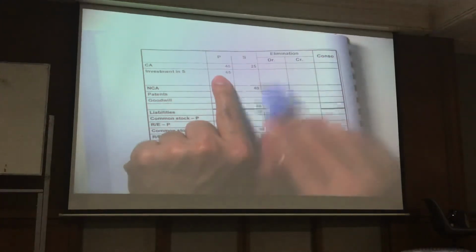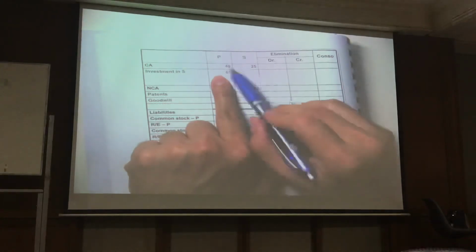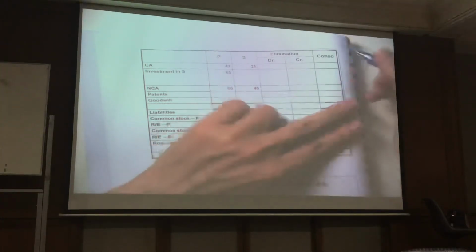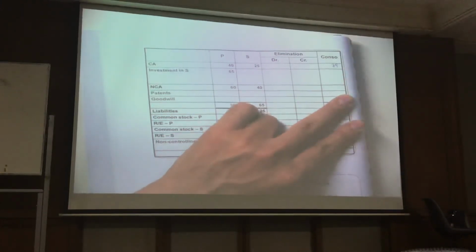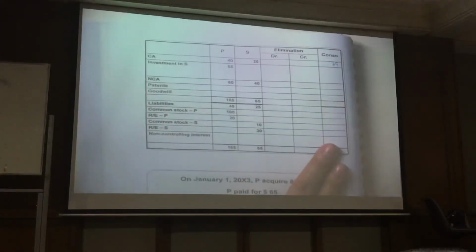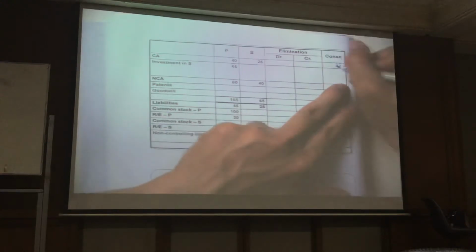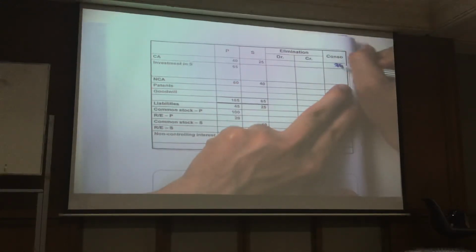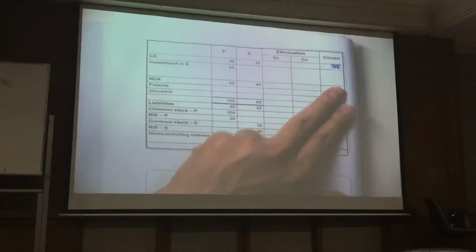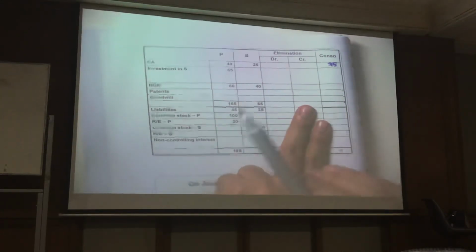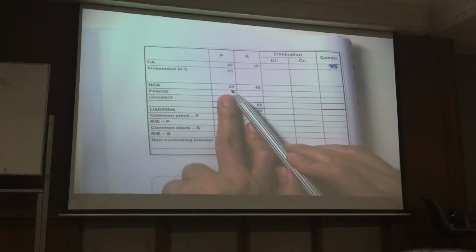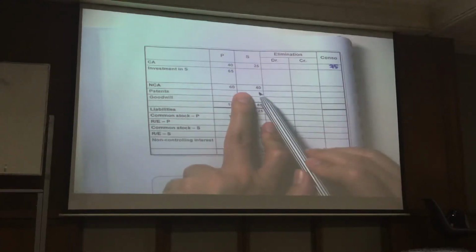So what I'm going to see in the consolidation should be what? 40 plus 35, you're gonna get 75. Non-current asset. 60 is mine. 40 is theirs.